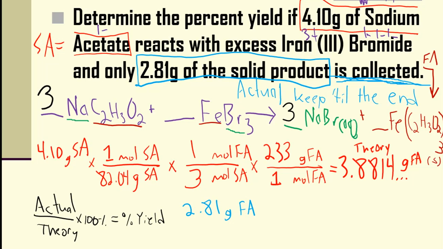That is then going to be over, and while I'm at it, I'm going to just do the times 100% equals, since I'm in that color. And then it's over my theory, which I calculated as 3.8814 grams of iron acetate.